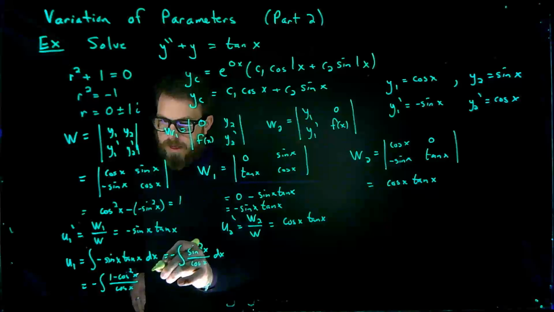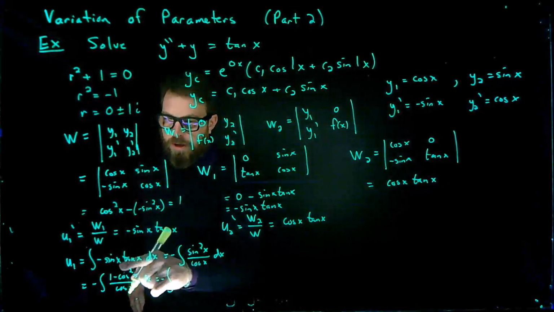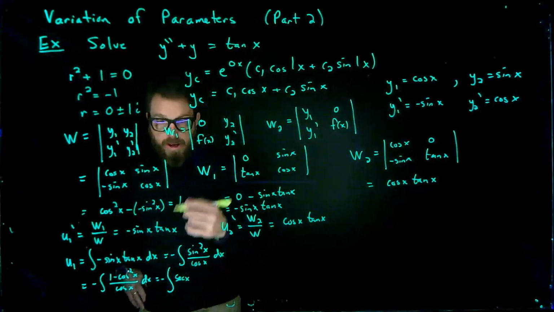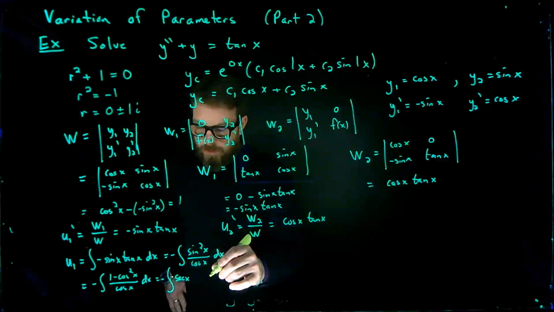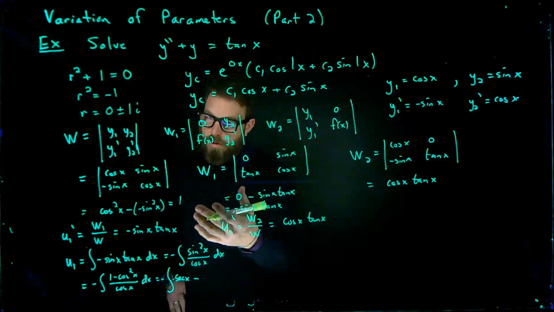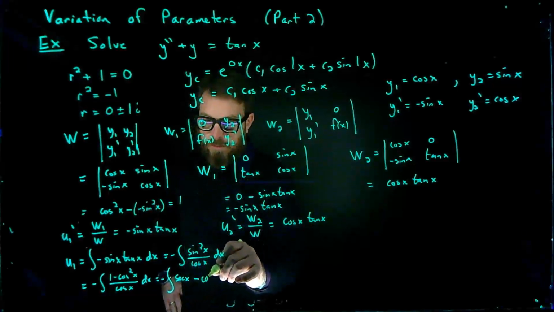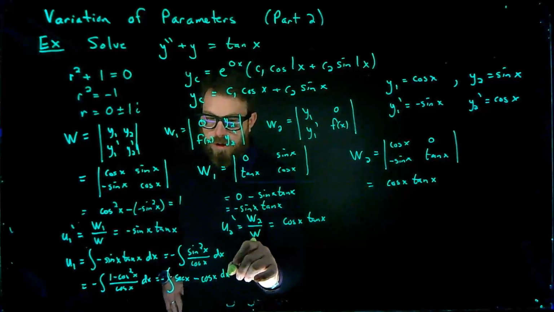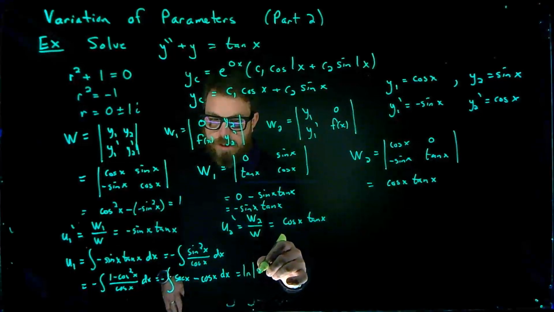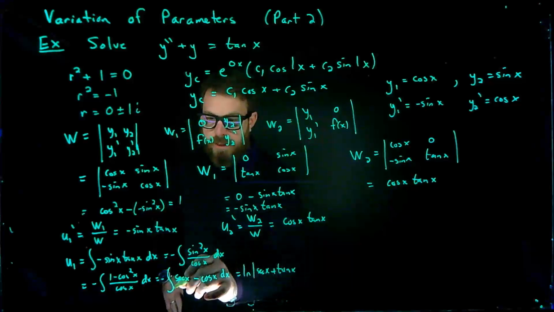So when we split this, this is now going to be minus the integral of 1 over the cosine, which is the secant of x. And I know that thing's antiderivative, that messy logarithm. And then minus, this is going to be cosine squared of x over cosine of x, which is just going to be cosine of x dx. So this is going to be equal to the natural log of the secant of x plus tangent of x. That's the antiderivative of this.